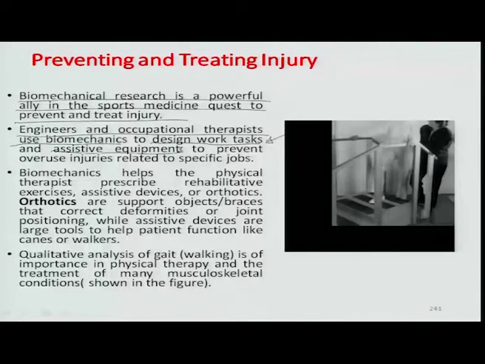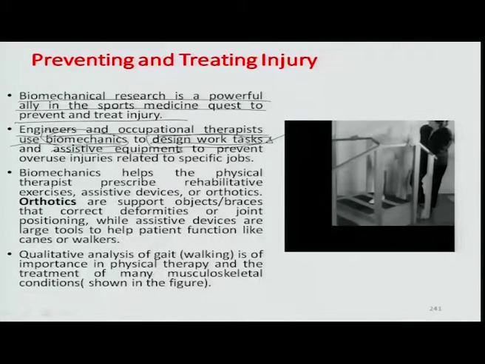Equipment makes a huge amount of difference to life in terms of lessening the degree of human effort, and by giving passive leverage or some other assistance, and so therefore it's important that the knowledge of biomechanics is used to develop such assistive techniques, or even to design the overall work tasks in a proper manner, so that there are fewer injuries while delivering a task or a specific job.